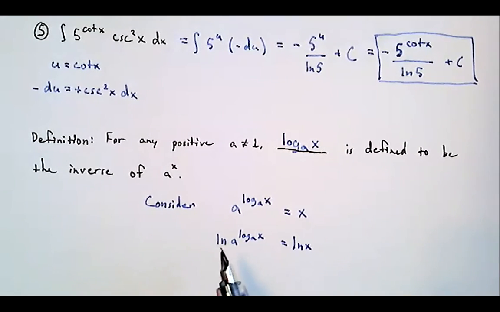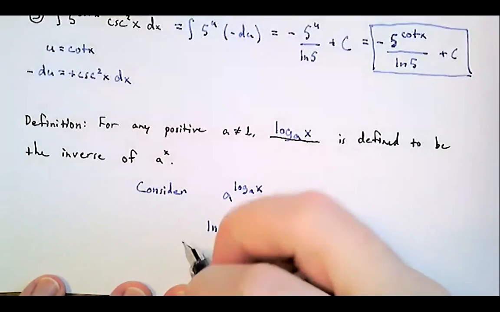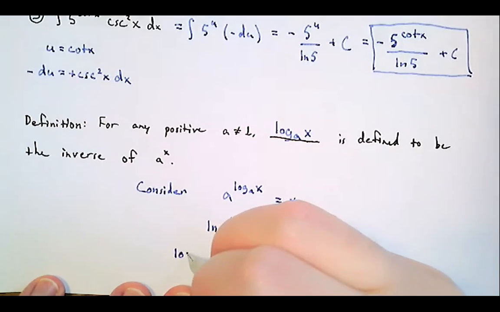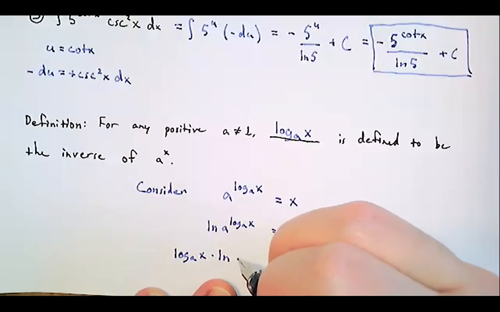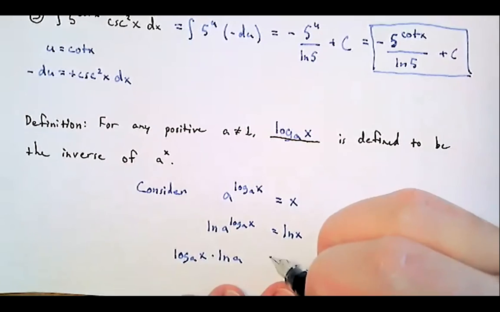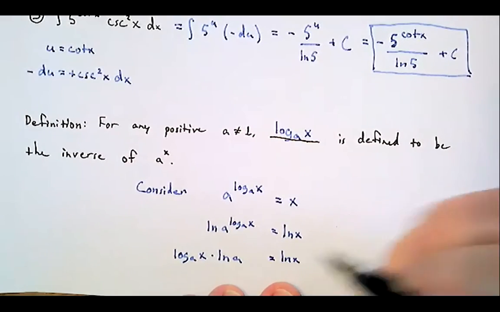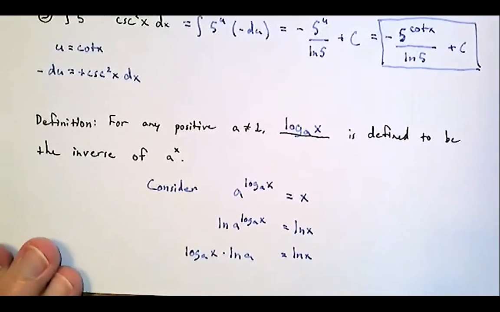Okay, and the reason why I want to do this, take the natural log of both sides, is that one of the properties of the natural logarithm is that I can pull exponents to the front, and they become multiplication. So this is actually log base a of x times the natural log of a. So I've just pulled this exponent to the front. And once I do that, this nice relationship becomes clear.